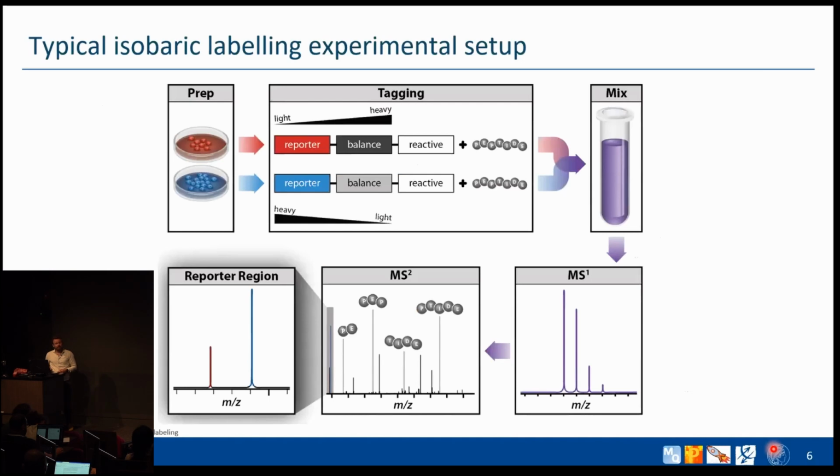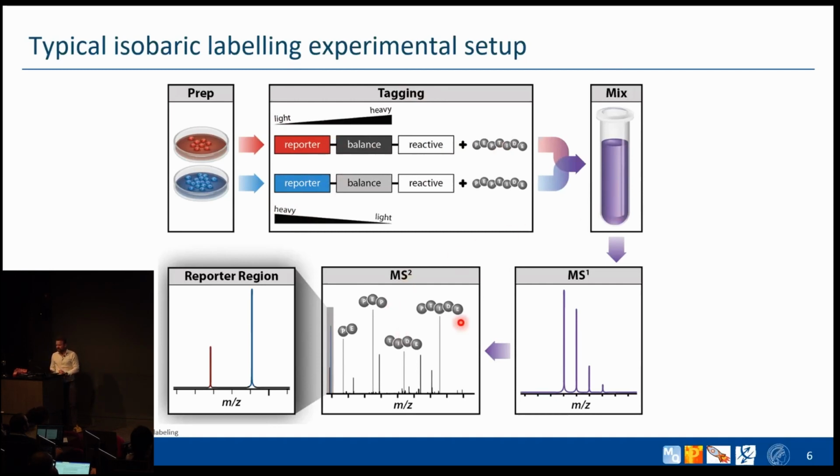That's how the typical experiment looks. You do your sample prep, and like always, there is one red sample and one blue sample, and they get labeled. One with a tag that has a light reporter, and the other one has a heavy reporter. Again, the total mass is the same, and we mix it together and get this very nice purple mix. On the MS1 level, it's still purple, so we can't distinguish it.